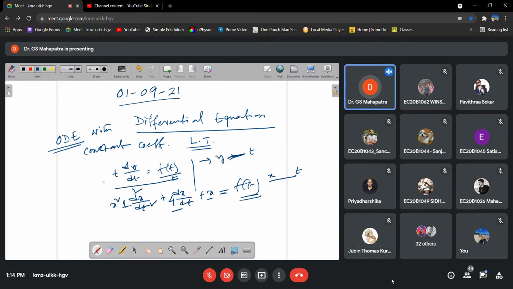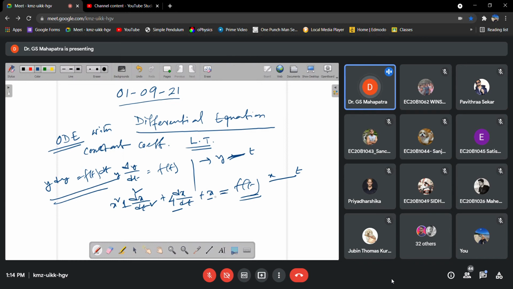If it is y multiplied into dy by dt, then you can't write it as dy by dt equals f of t; that means y equals the integral of f of t dt. Then the coefficients are variable, not constant. Right now we will not consider such problems. We will consider only differential equations with constant coefficients.